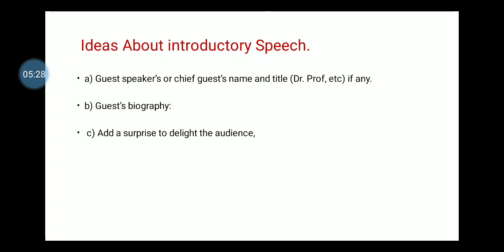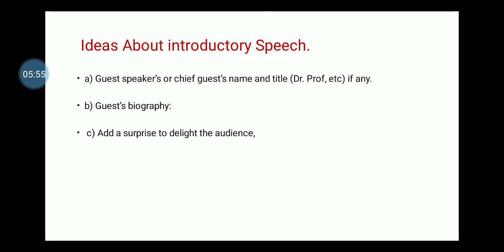Ideas about the introductory speech: which points can we add in that introductory speech? One, the guest speaker's or chief guest's name and title. We should mention his name along with educational degrees and educational and professional achievements.